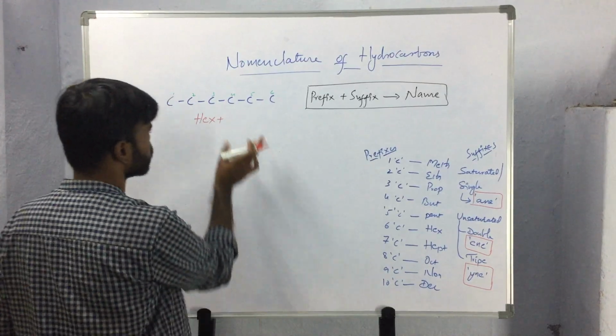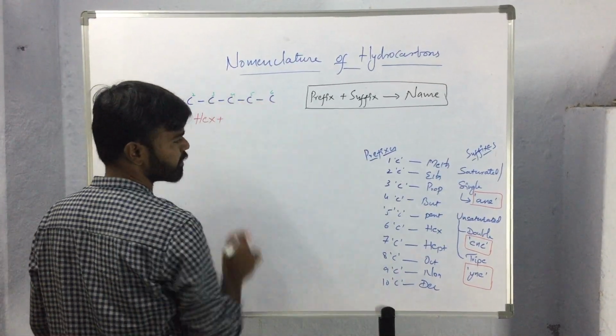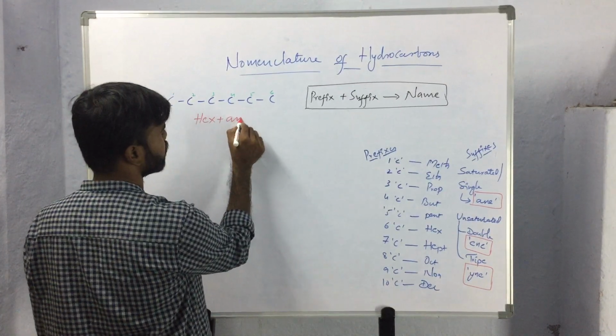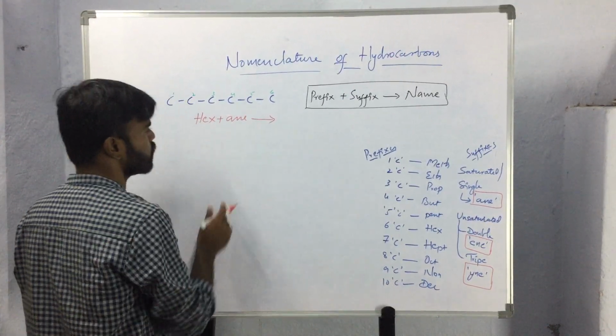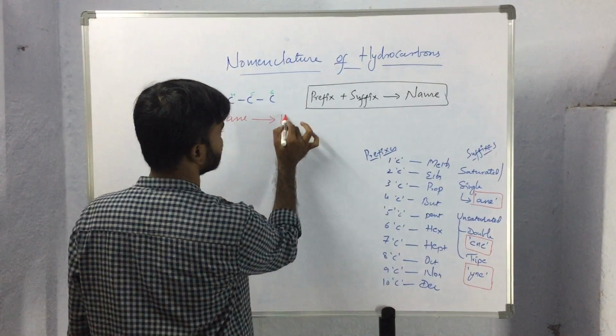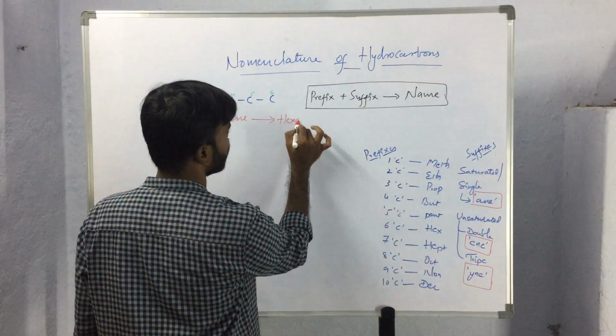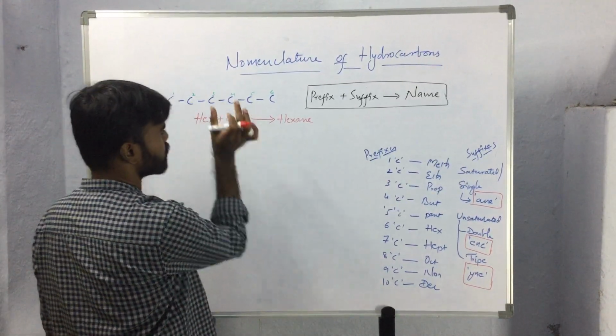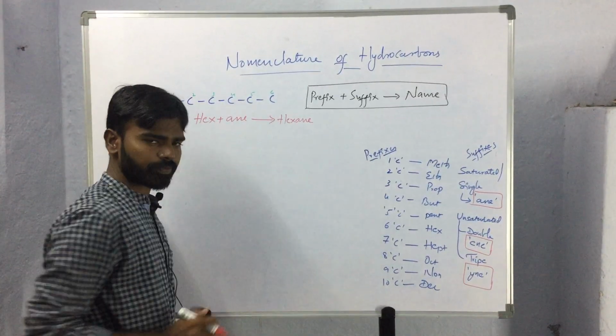In this compound only saturated bonds are present, so for saturated bonds we select the suffix "ane". By adding both prefix and suffix, we get the name of the compound, hexane. So the name of this compound will be hexane.